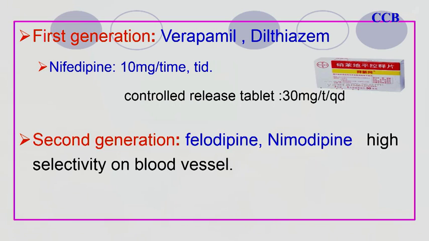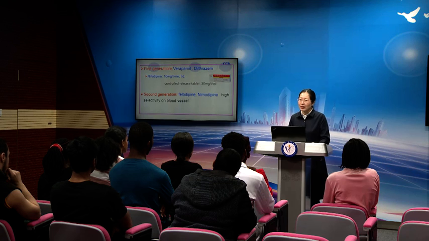We also have the second generation calcium channel blockers, such as felodipine, nimodipine, nitrendipine. Compared to the first generation CCB, the second generation, such as felodipine, has higher selectivity on blood vessels. What's the meaning? That means the second generation CCB is mainly used to treat vessel disease, such as hypertension.